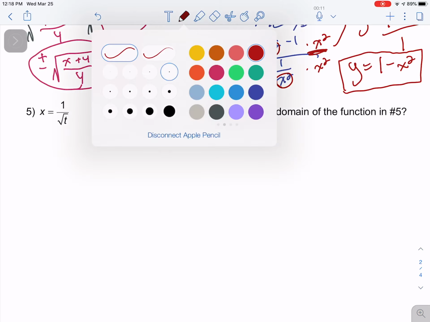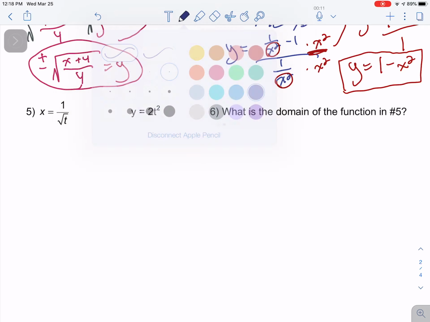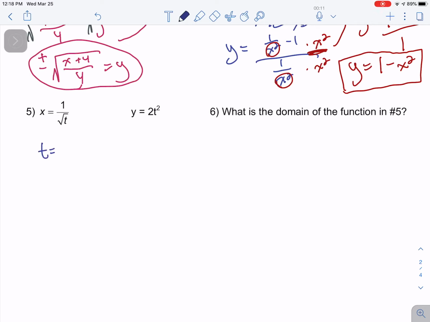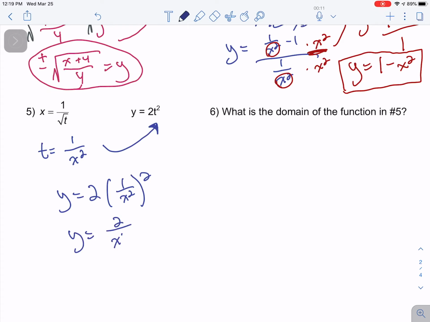Okay, so when we get this all by itself, we're going to get t to equal 1 over x squared. Plug that into there. Y equals 2 times 1 over x squared, squared, which is going to give us 2 over x to the 4th.